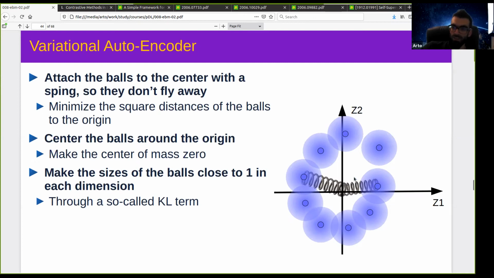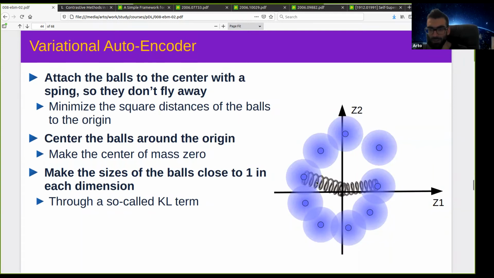Effectively, what is depicted here is that we want our mean to be close to 0, which is like a standard normal distribution, right?